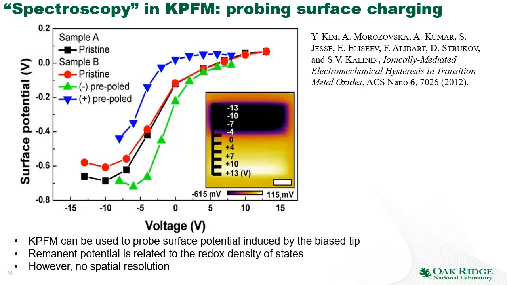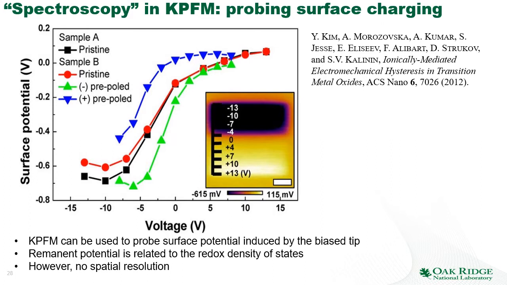What about the spectroscopy? What I mean by that is, imagine that I want to know the properties of the surface not in static condition, but after it was poled by the tip at a given bias. For example, imagine that I take the surface and try to polarize it with the tip at a bias of 10 volts. And then I want to measure the surface potential.